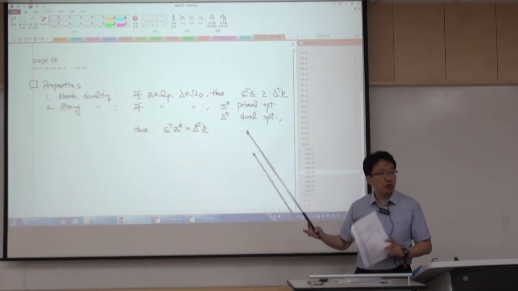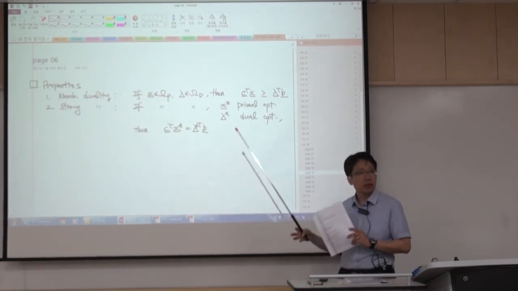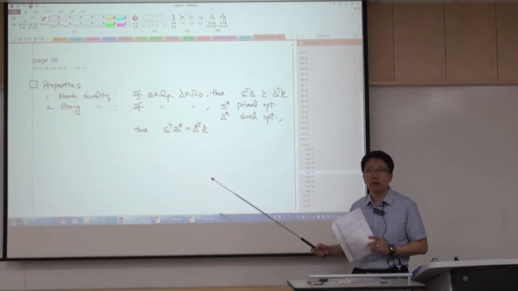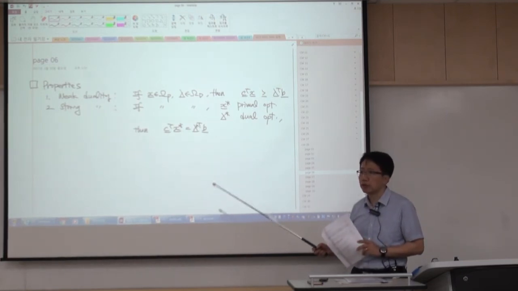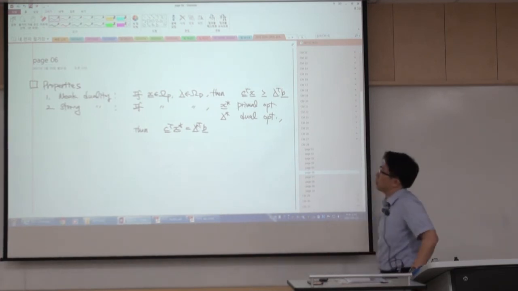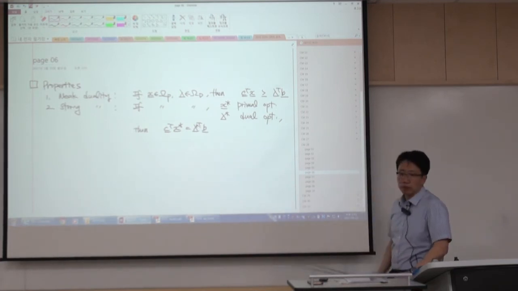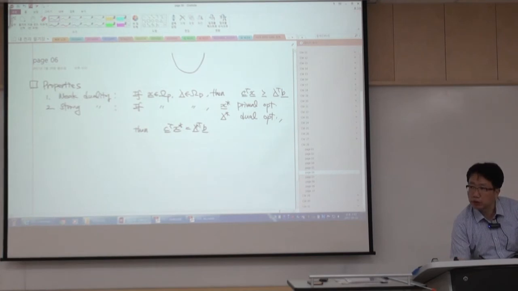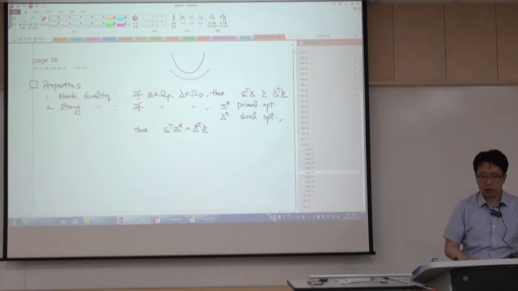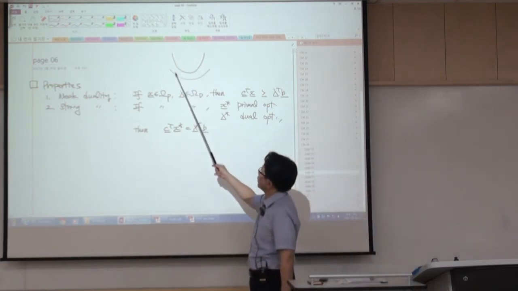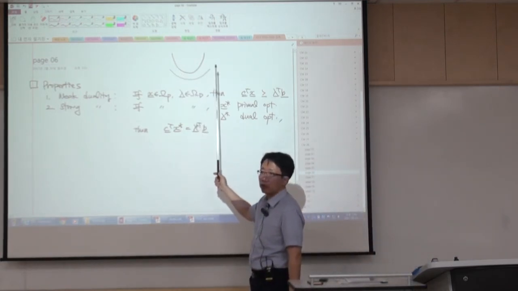As you remember, usually weak duality holds for what? Primal optimal and dual feasible, right? Am I right? In our minimization problem, we find the lower bound. So precisely speaking, if you choose some corresponding primal and dual, then this holds.